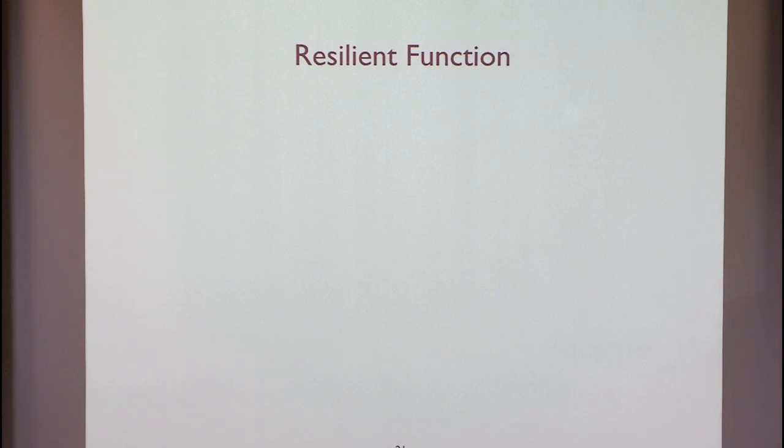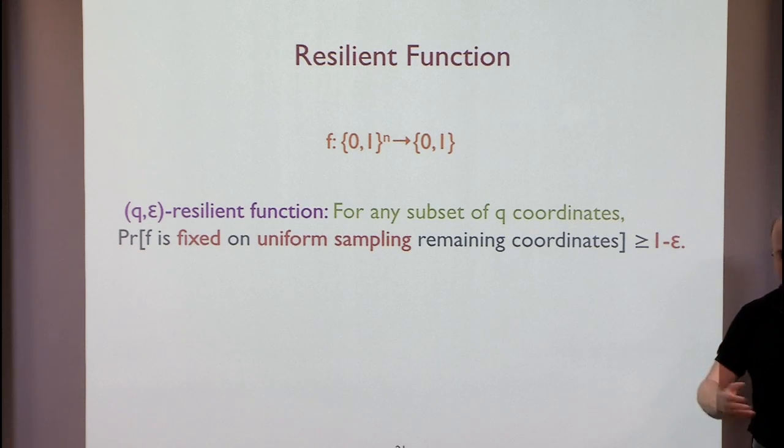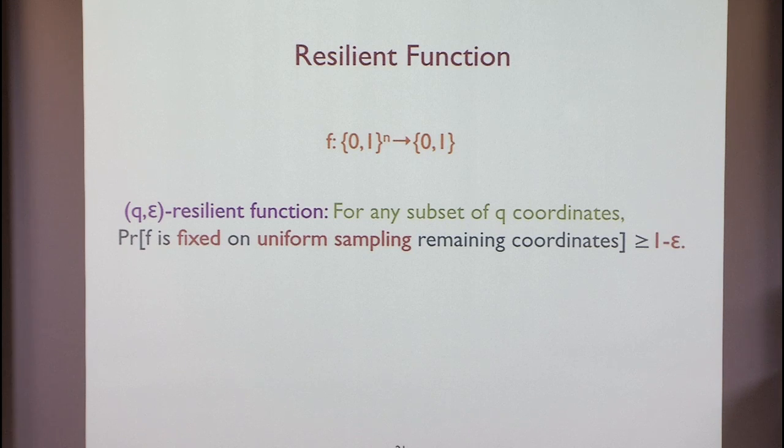Another ingredient is a resilient function. So this is a Boolean function with the following property. Think of an adversary as controlling some number of the coordinates, q coordinates. We don't want the adversary to have much control of this function. What happens is that the remaining coordinates are chosen uniformly at random.